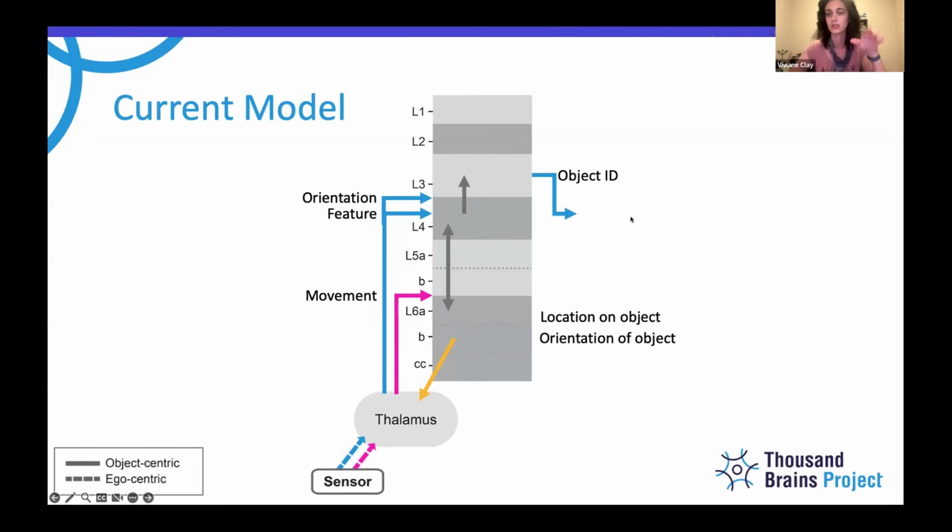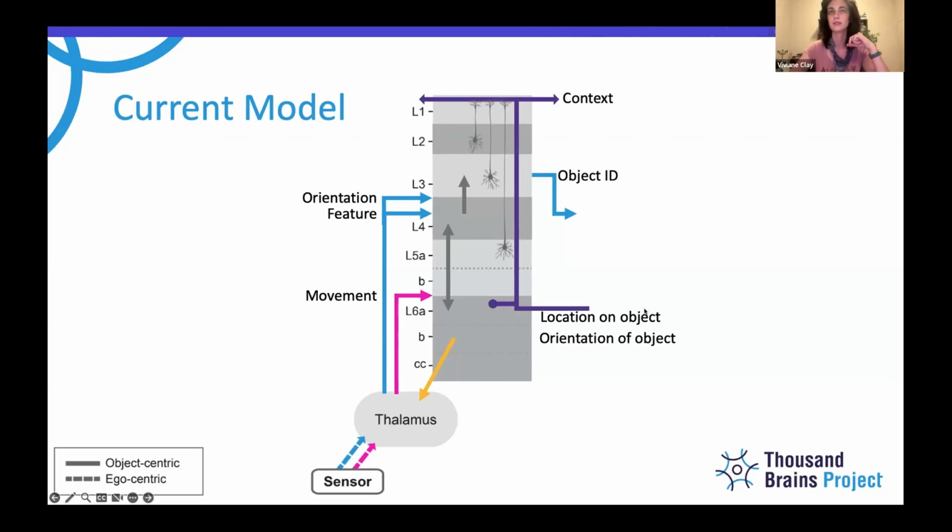So which objects are we sensing overall? And that is stable. As we move over an object, the sensations that come in and that are in layer 4 and layer 6 change at every step, but that remains stable as long as we're on the same object.